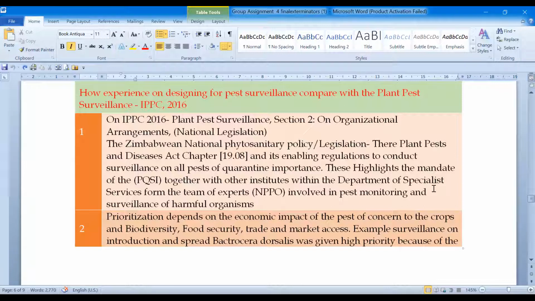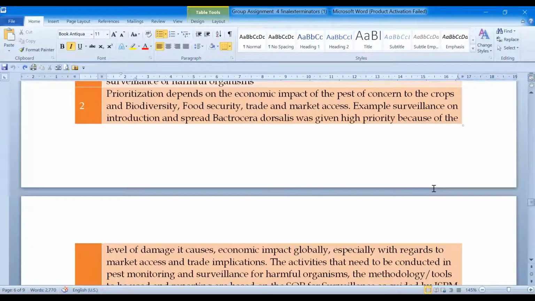And then prioritization depends on the economic impact of the pests. So they more like look at their national priorities, so the activities that need to be conducted in pest monitoring and surveillance for harmful organisms.